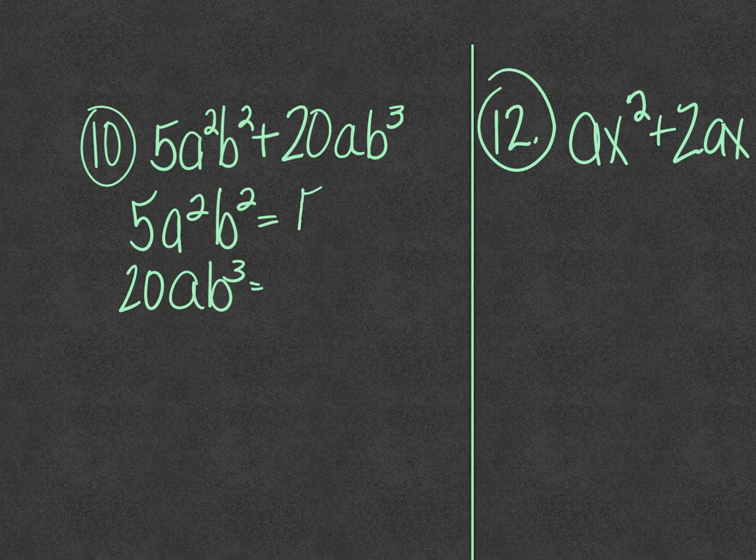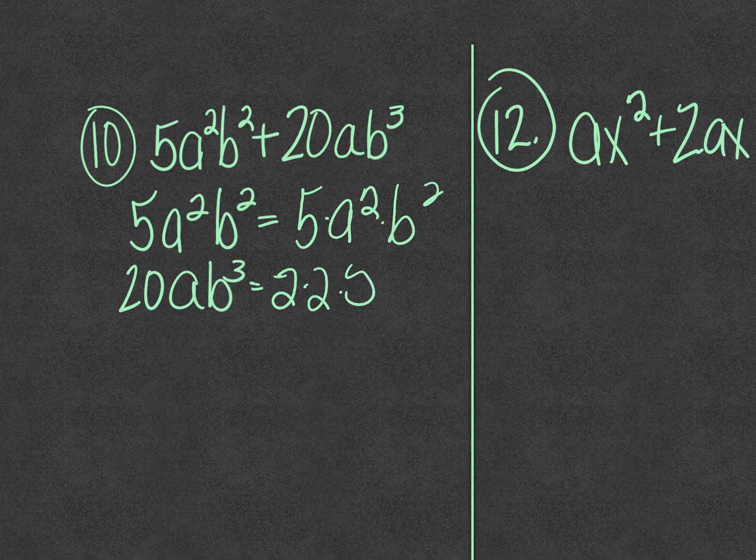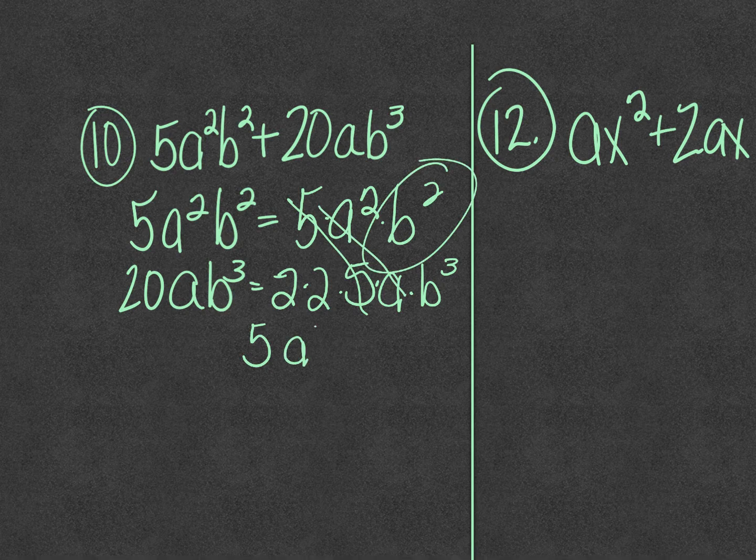So we have 5 times a squared times b squared, and 5 times a times b to the third. Okay, so I didn't leave enough room here because I wrote bigger. But when you see here, you have a 5, you have 1a in common, and you have b squared in common. Okay, that's your greatest common factor.